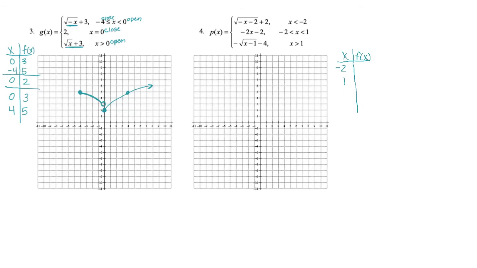So plugging in negative 2, that's going to give us 0. And 0 plus 2 is 2. So I have (-2, 2), and that's going to be an open circle.